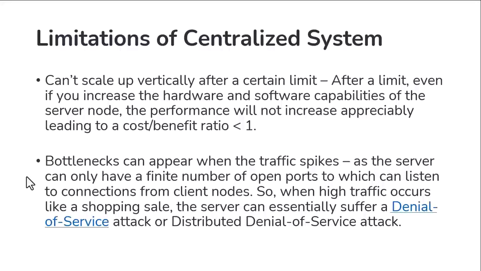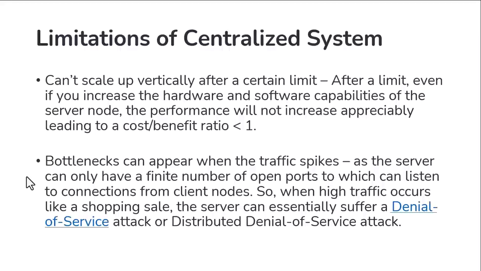This means the scaling is up to a certain limit, and it depends on the operating system also. So we cannot increase the number of servers in a vertical way as much as we want.